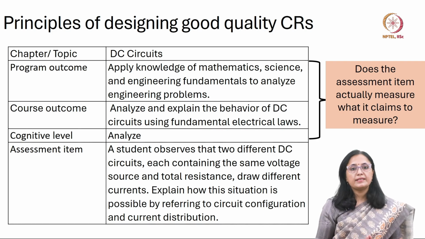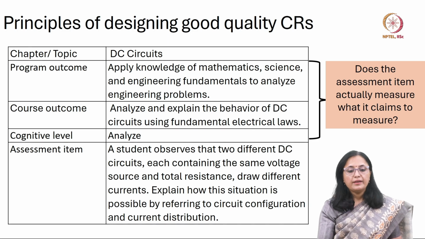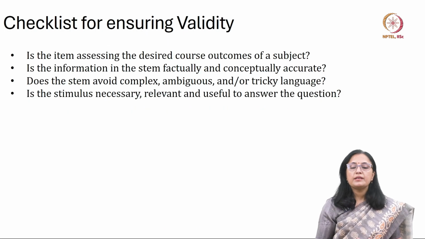Along with this, there are certain other measures that need to be kept in mind while designing valid assessment items. First and most important is whether the item assesses the desired course outcome. We have just seen an example of what kind of assessment item should be designed so that it assesses the attainment of the course outcome.